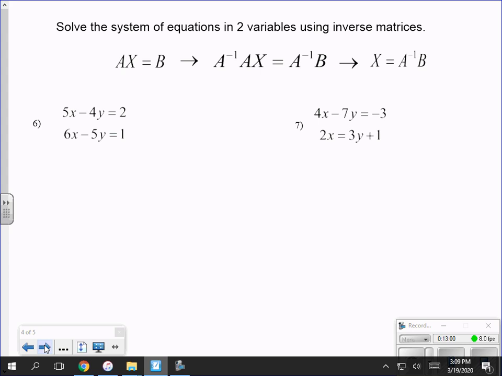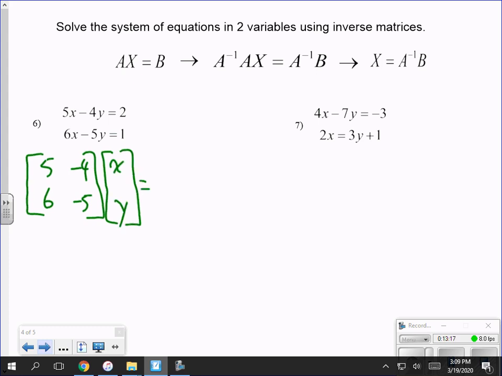So in this case, my A matrix would be 5, 6, negative 4, negative 5. And then X is the variables, X and Y. And then B is what the whole thing is equal to. I'm going to write B over here, and you'll see why in a minute. I'm going to put 2 over 1.